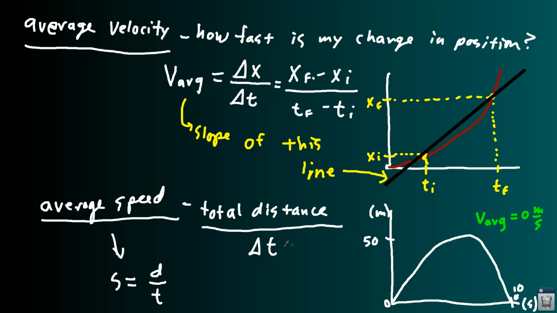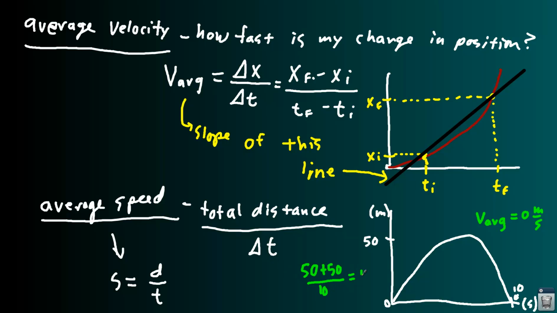On the other hand, your average speed, which is your total distance traveled over the time, that's different because your total distance, first you move up 50 meters, so you've gone 50, stop, then you turn around and go back 50 meters, so you travel a total of 100, so that's 50 plus 50 over the change in time, which is 10 seconds.